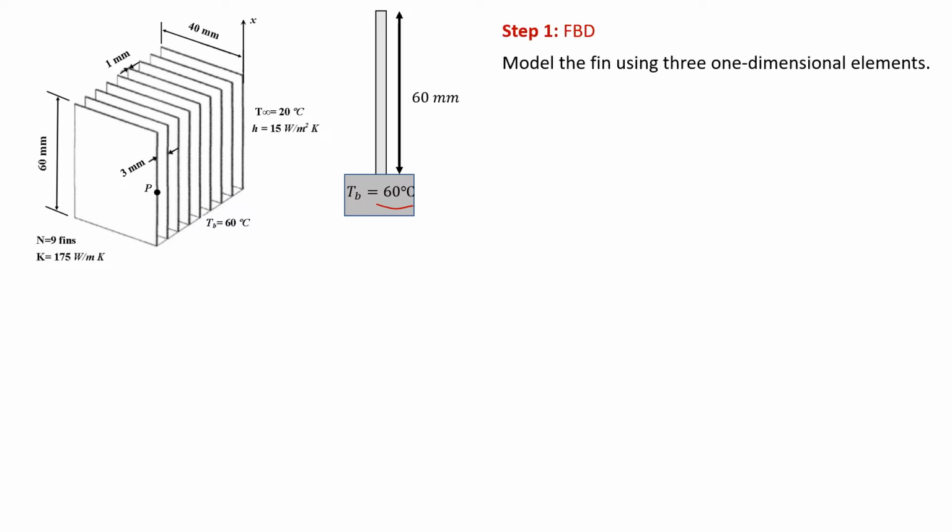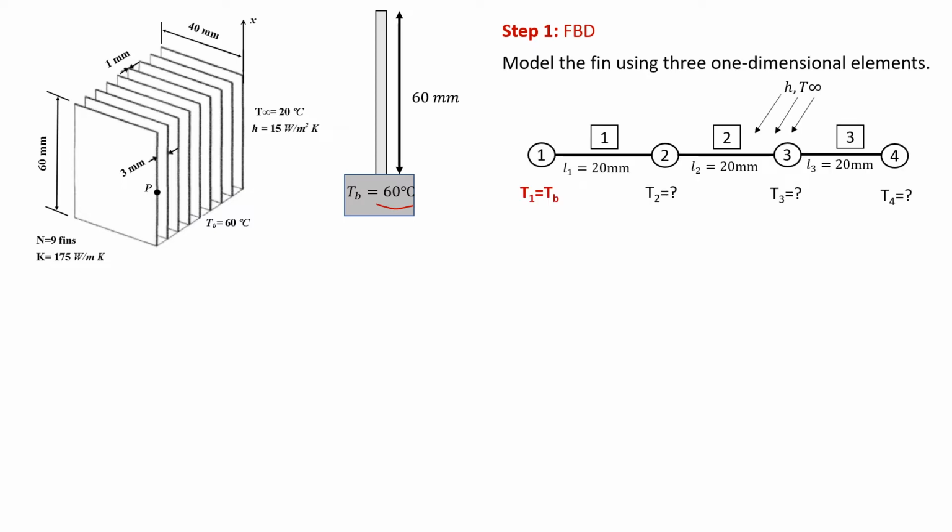So for the first step, let's draw the free body diagram to model the fin using 3 1D elements. As we divide or discretize the fin with equal length, each of the elements will have the length 20 mm.